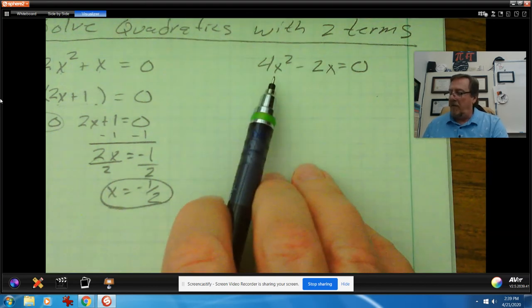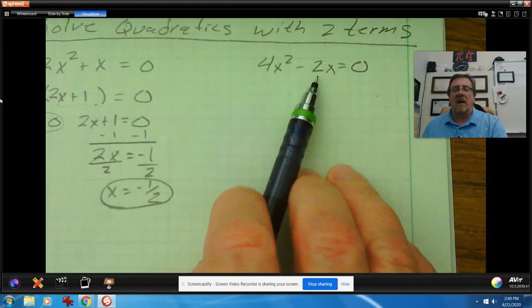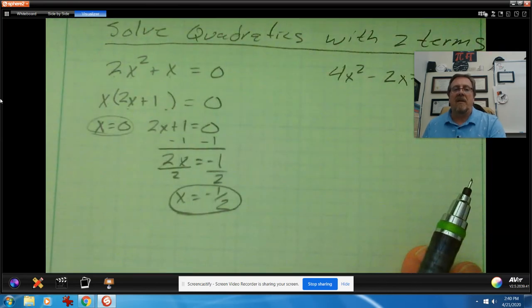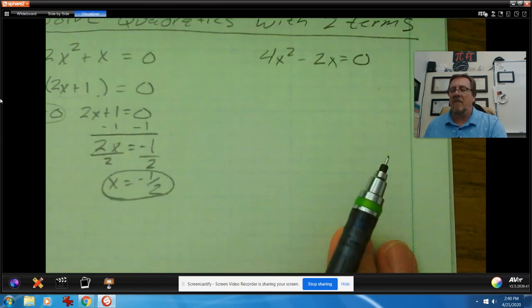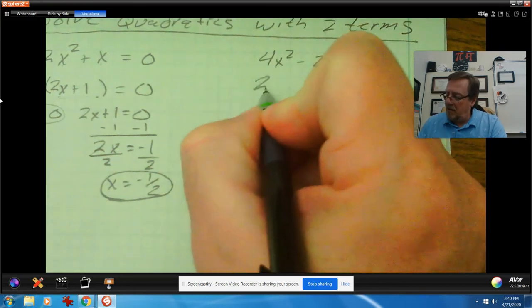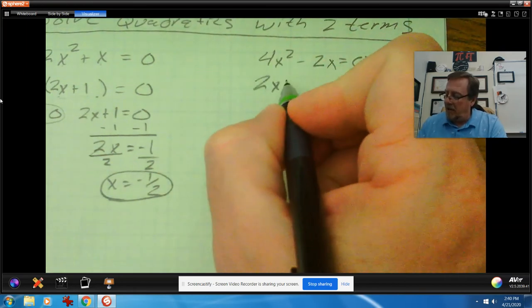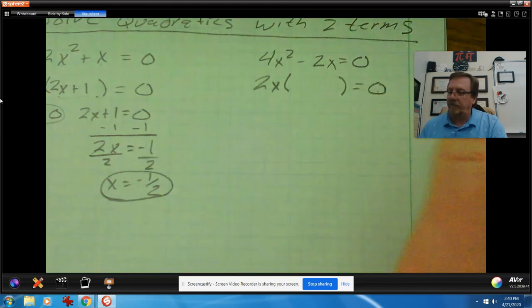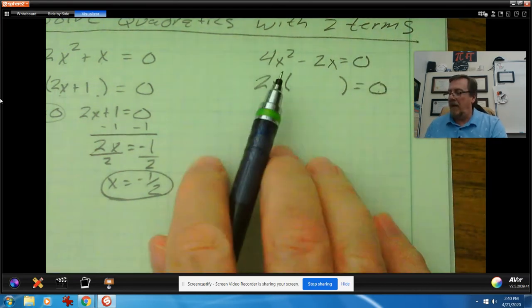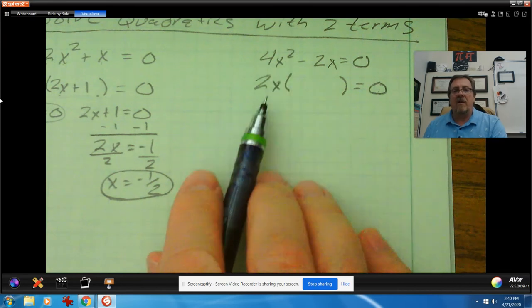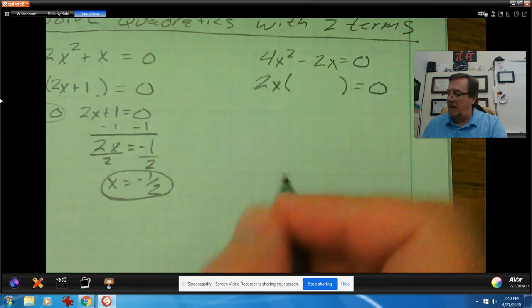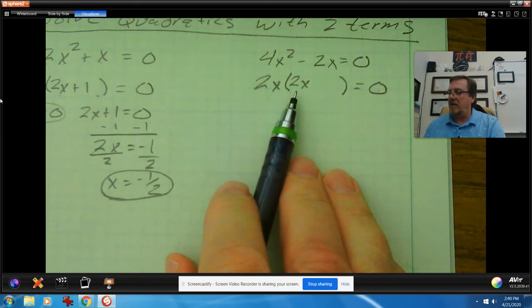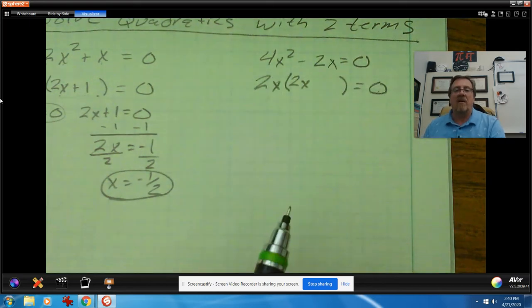Let's take a look at this problem up here. Again, we're going to look for anything that these two might have in common. Last time they just had an x in common. This time, looks like they have a 2x in common. So I'll factor that out. If I divided 4x squared by 2x, I'd get 2x, since 2x times 2x would give me 4x squared.